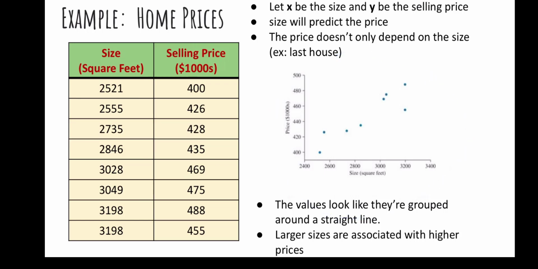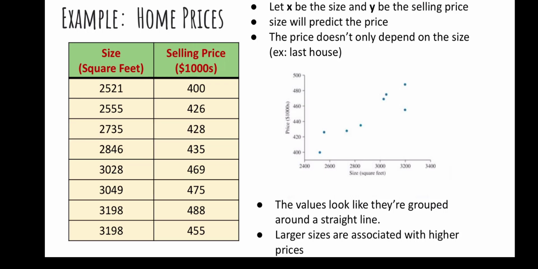When you plot those ordered pairs, the x-axis is your independent variable. We also call it a predictor variable. And then the vertical axis, the y-axis, is the price. We call that the dependent variable.